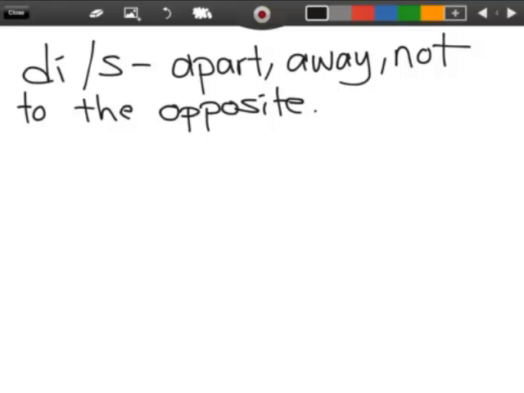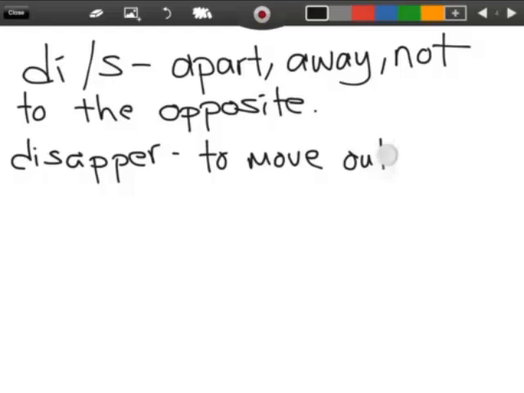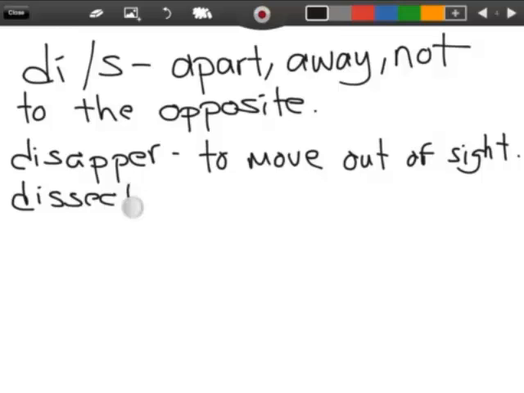One of them is disappear. Disappear, meaning to move out of sight. My next example is dissect. Dissect, and that means to cut apart.